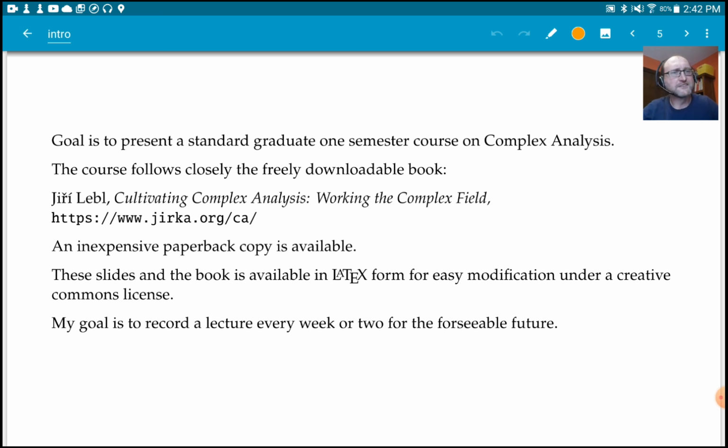But it's probably not going to be really fast progressing unless I get bored and try to do more lectures. But hopefully eventually it will go through the entire course. At first, before publishing any of them, I'm going to record a bunch of lectures. So it's going to start with a bunch of lectures already recorded, so that it's not just this intro lecture.